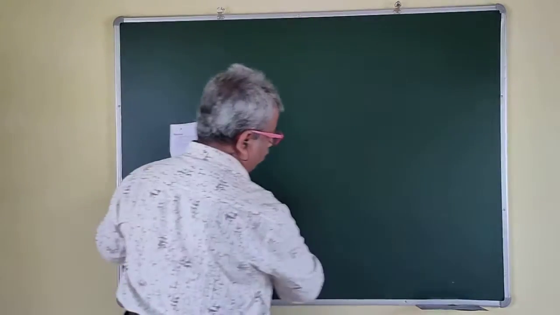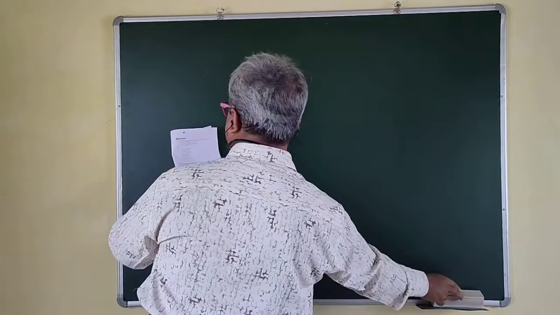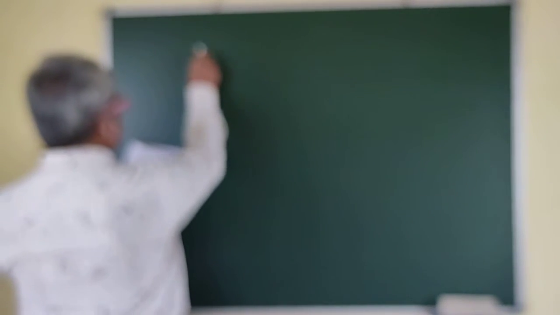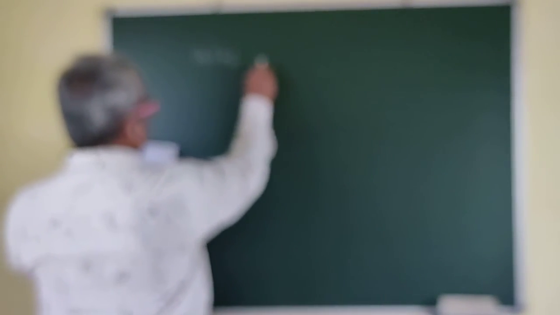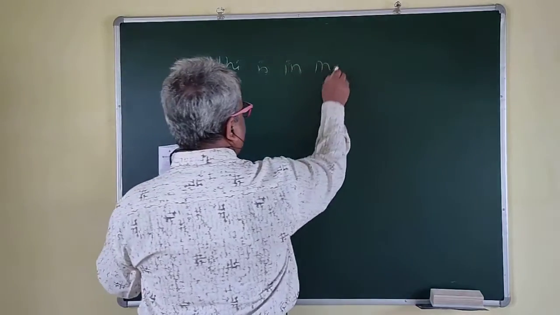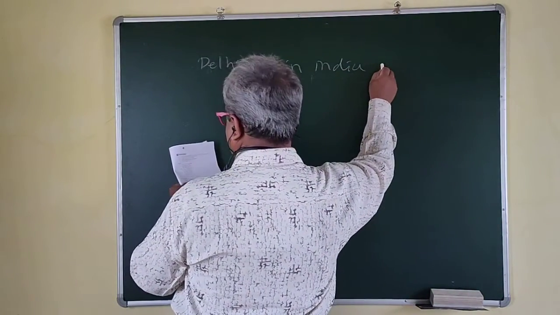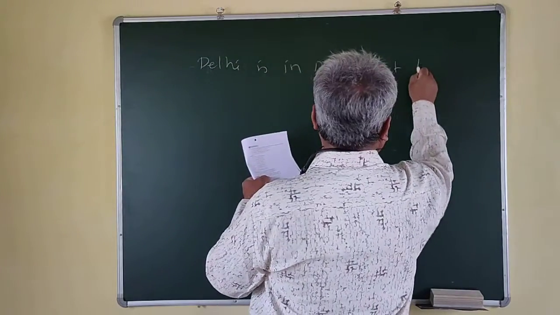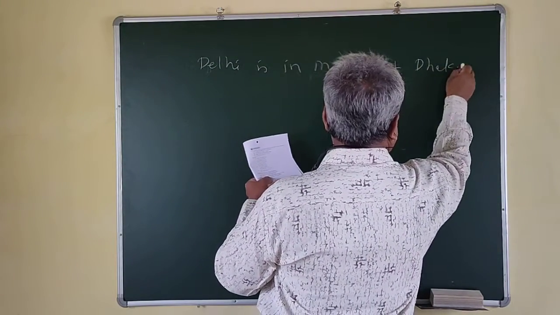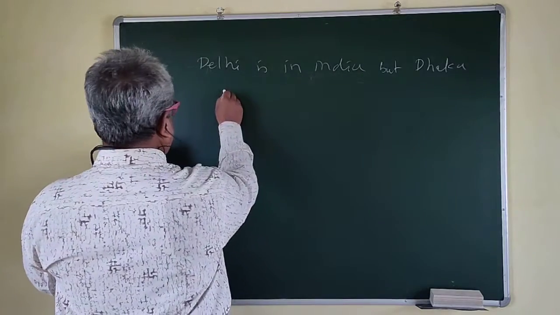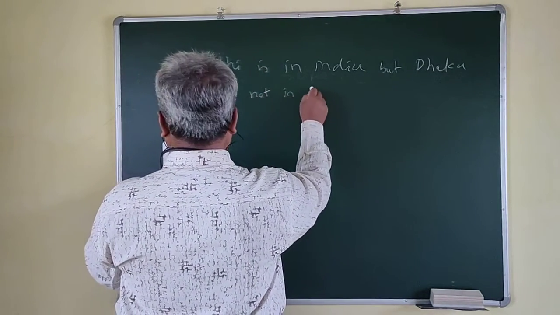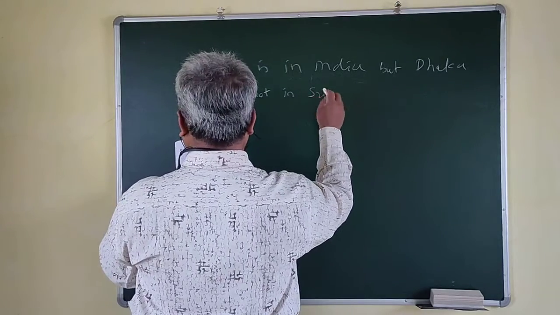Now we cannot write the truth value because the school is open and that we don't know. Delhi is in India, but Dhaka is not in Sri Lanka.